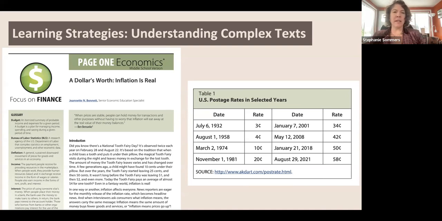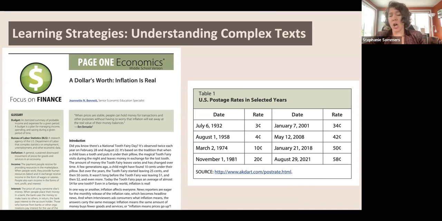One of those companion sites is this Page One Economics resource. Page One Economics is like a small newsletter or a lesson, but it's formatted to look like a newsletter. And they all look the same way. All of the ones that I looked at look the same way. They've got a glossary off to the left side, and then they have a text.